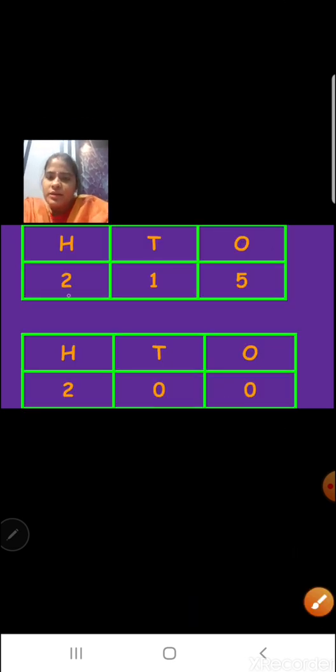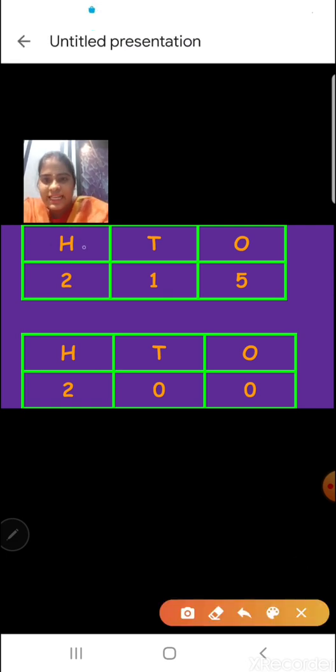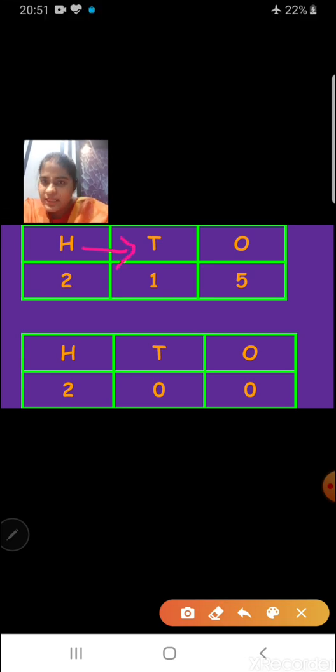Now, the same example, 215. For rounding off the number to the nearest 100, we looked at the tens place, right? The number in the ones place will become 0.